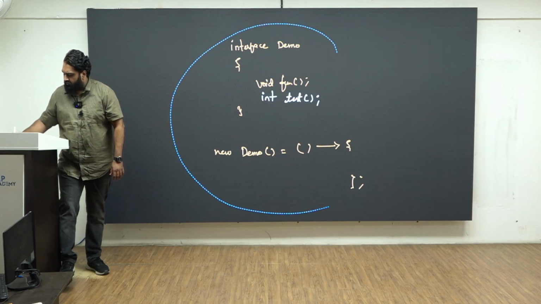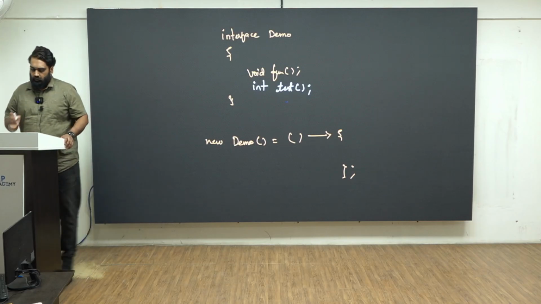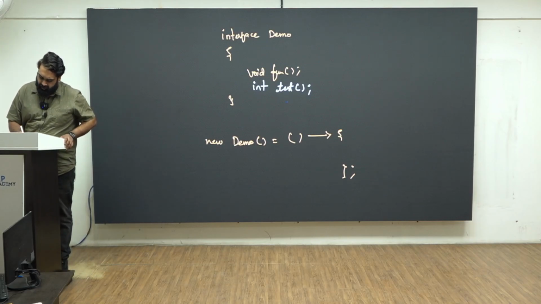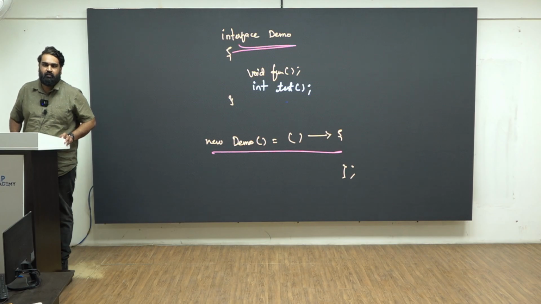At what line will I get an error? Will I get the error at the interface or where I am writing the lambda expression? I'll get an error where I am writing the lambda expression.